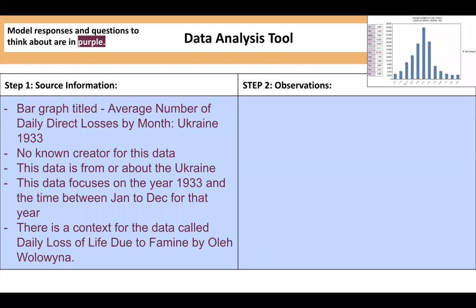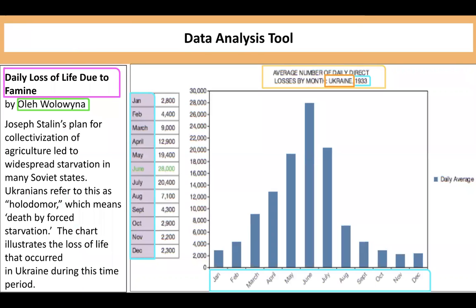The next step is going to be to look at the data itself and actually put down our observations. What are we noticing? What can we start writing down about this? So the first question I would ask is, what is actually being presented here? What's being illustrated? And this is when I would consider, what exactly am I looking at?